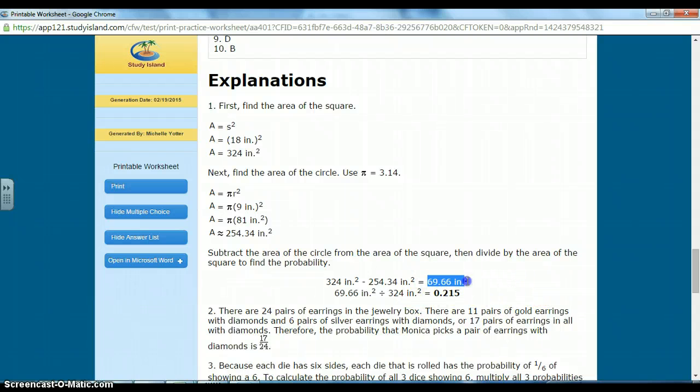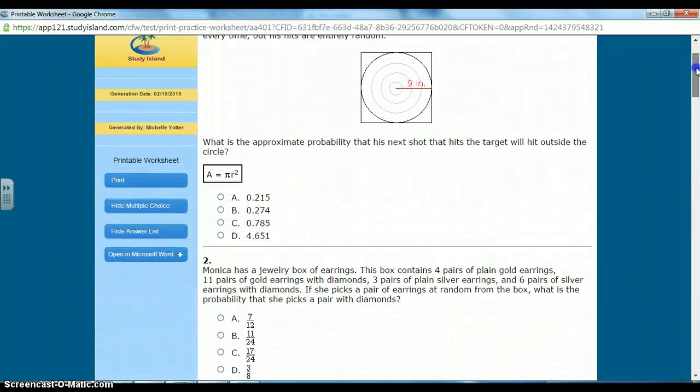And this is our area outside of the circle. So then we have to take the area outside of the circle and divide it by the whole area of the square, and we get 0.215. So that's how you do those ones. So you take the area of the square minus the area of the circle, we get what's left over, and then divide it by the area of the square. It's kind of tricky. Didn't know how to do that one.